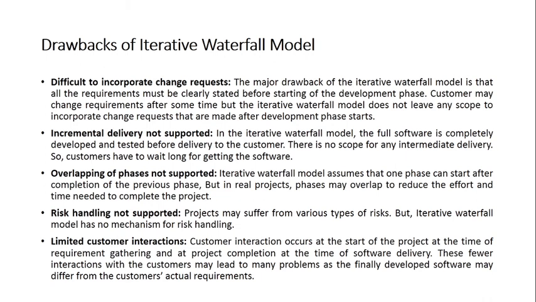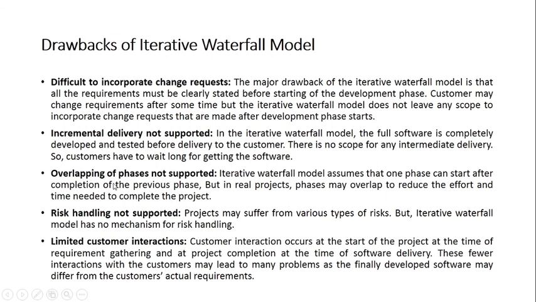That means if 5 modules are there, you cannot deliver the first module in the first cycle, the second module in the second cycle, the third module in the third cycle, right? No, all the 5 modules need to be developed using 7 phases and then delivered to the customer, right? We cannot break it up and deliver modules using this model, and this is the major drawback. We'll find an iterative model later on, or an evolutionary model, where we can deliver the system in increments.